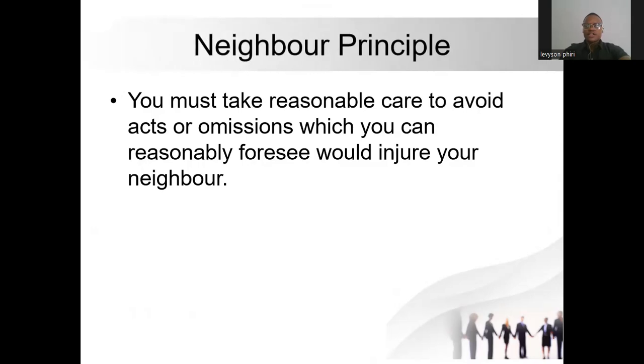So under duty of care, we have what we call the Neighbour Principle. You must take reasonable care to avoid acts or omissions which you can reasonably foresee would injure your neighbour. So that's what we're saying under duty of care.